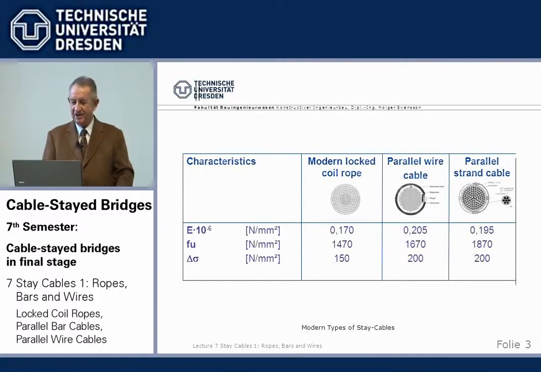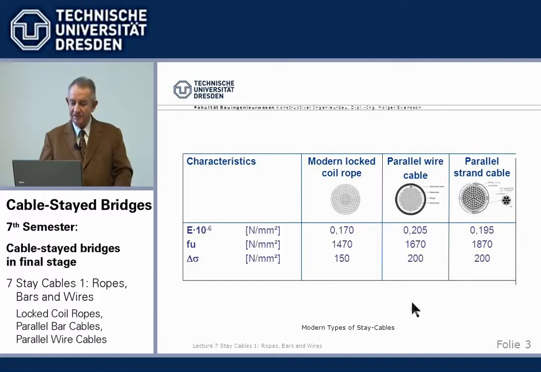And then, after those, were developed the parallel wire cables and parallel strand cables. They are different. An important difference is also with respect to cost. And you remember with me, you always hear about economy, because that's what I am from my practical time. I have always been in competition, so the price of anything is important for me.